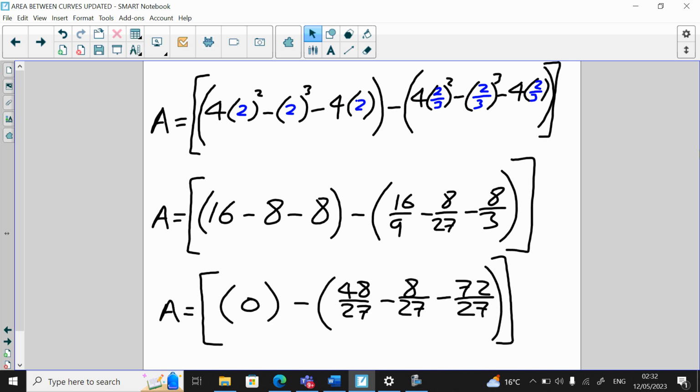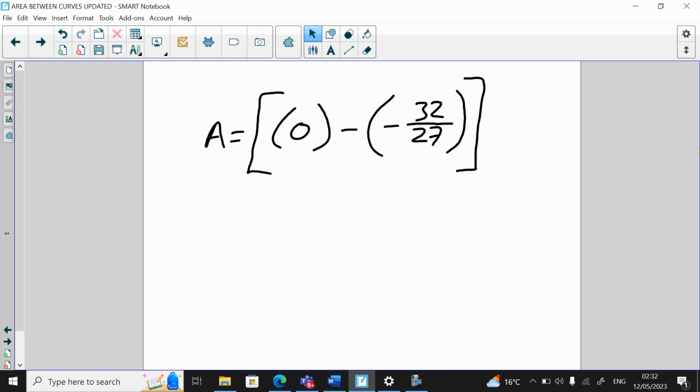Okay, so I have knowledge of how to make a common denominator. So should you. If you were at school that day or college, wherever, it doesn't matter. You can go from this line here and you'll still come out with an answer. So we get 0, take away a negative, so negative, negative, positive. 32 over 27 units squared.